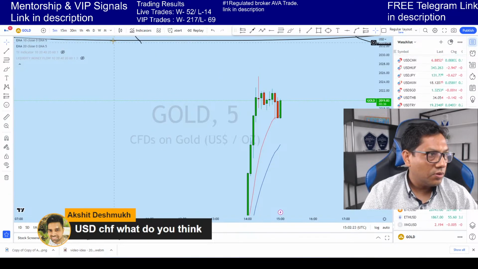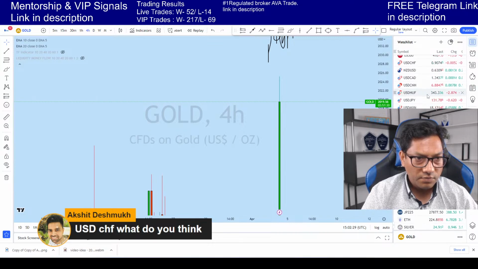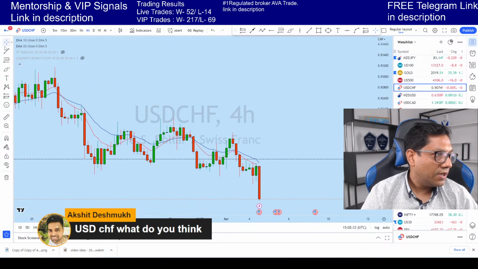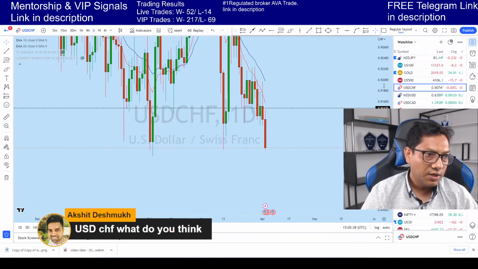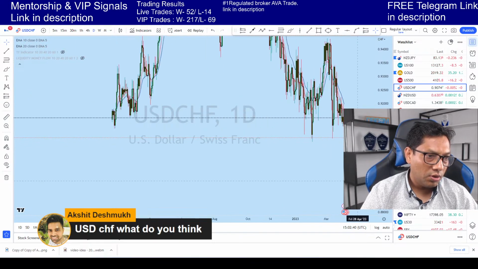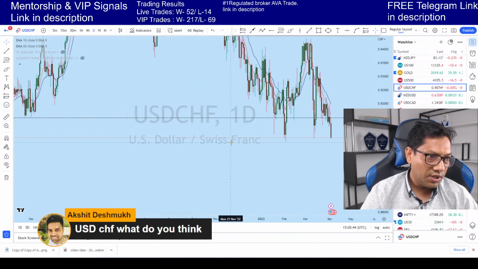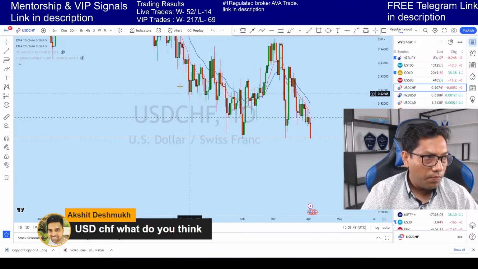Let me look at dollar Swiss franc, and then I'll come back to gold again. So on dollar Swiss franc, as you can see, DXY is bearish. This market has broken all this support. Because there is nothing here, it might not drop straight down.